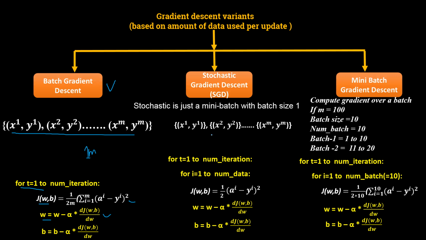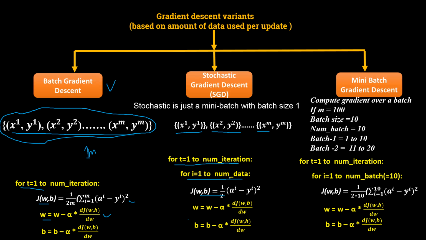Stochastic gradient descent means, instead of taking the whole data set at once for computing the gradient and updating the weights and biases, we take one example for each update. So here we have a loop over iterations, and then we loop over all the data samples. For each data sample, we compute the cost function and update.